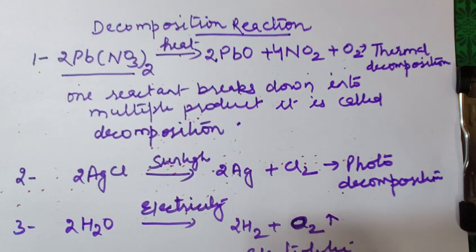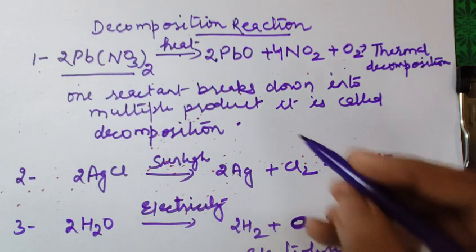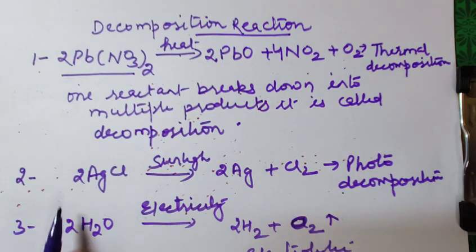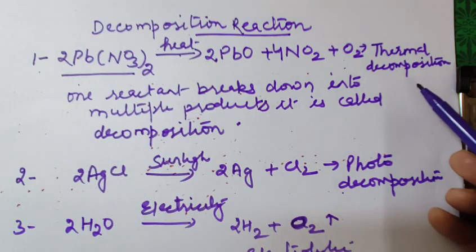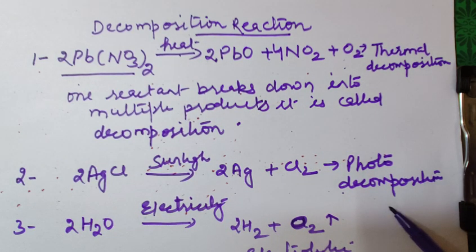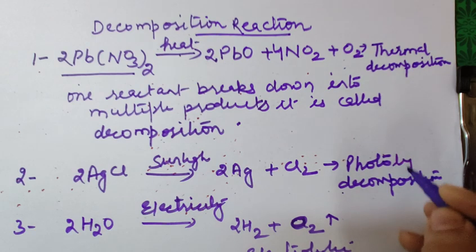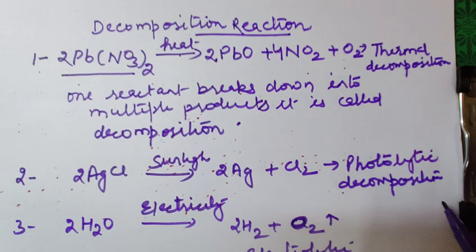Both are gas. This is oxygen. So decomposition is a reaction in which single reactant breaks down into multiple products, and there are three types of decomposition: thermal, photolytic or photodecomposition, or electrolytic decomposition. So there are three types of decomposition.